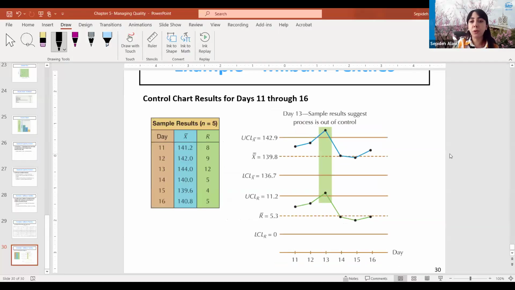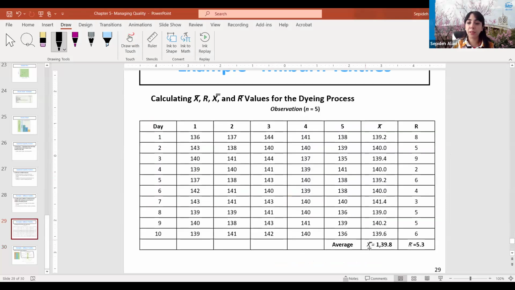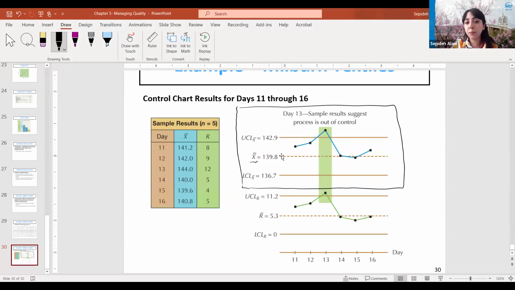In making the control chart, let's focus first of all on this chart. This is a chart that they develop using X bar bar, the value that we figured out in the previous table. So this would be the center of this control chart. And then according to that, they would set an upper control limit and lower control limit.